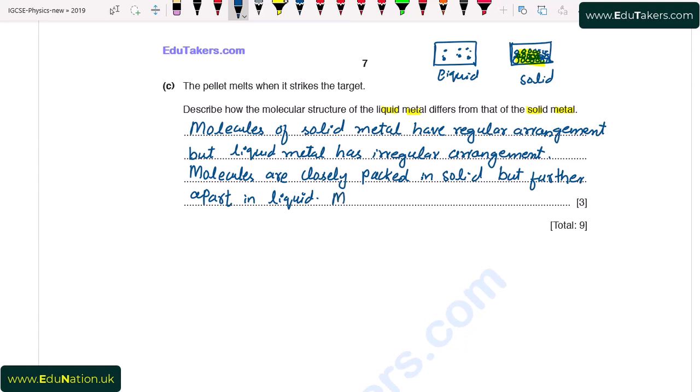So I write here molecules of solid have a fixed position but not in liquid. So these are the basic differences between the liquid and solid metals.